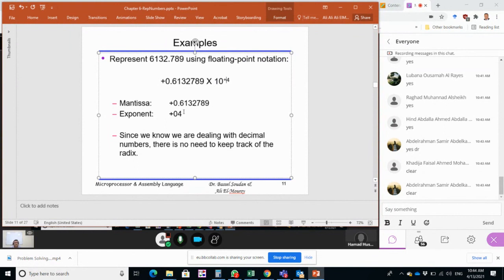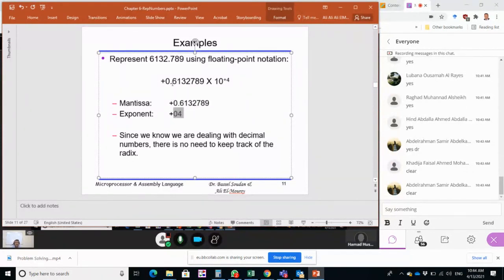Agree or not agree? You can imagine here that I need more storage for the mantissa than for the exponent. Because with a little storage for the exponent, I can represent very large numbers.